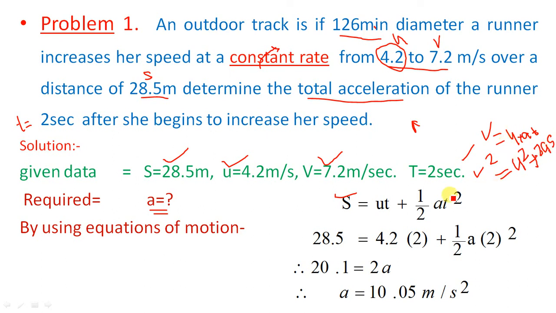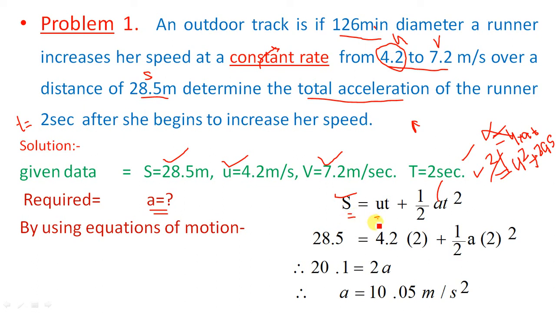If you observe these three equations, in the first equation s is not there, so this equation is not useful. In the second equation t is not required, but t is mentioned over here, so this equation is also not useful. So in the equation s is equal to ut plus 1/2 at square, we require the value of t, u is given and s is required.